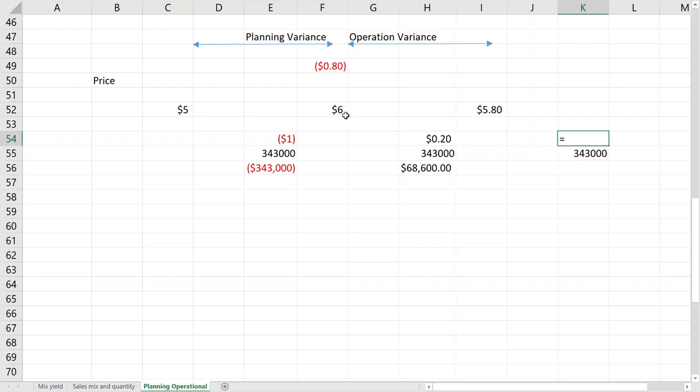Let's take original budget and minus this, which is total. It will give us overall 274,400 spent more in terms of price. If we add these as well, it should give us the same thing.